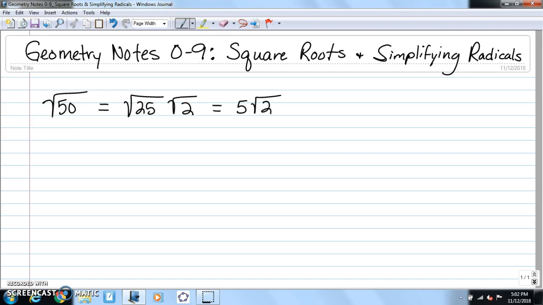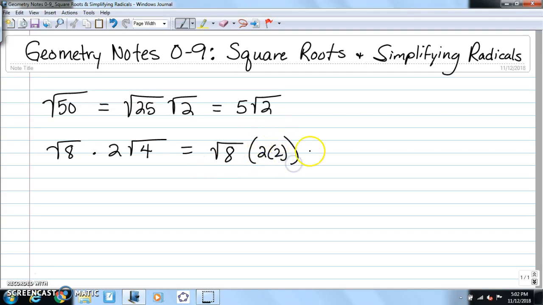So let's look at another example of this. Let's say we have the square root of 8 times 2 the square root of 4. Okay, well, the square root of 8 is not a perfect square. Now the square root of 4 is a perfect square, so I could just simplify that right now if I want to. So I actually have the square root of 8 times 2 times 2. So it's 4 the square root of 8.